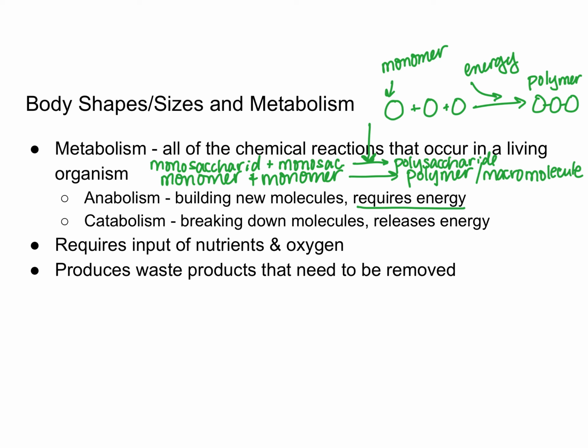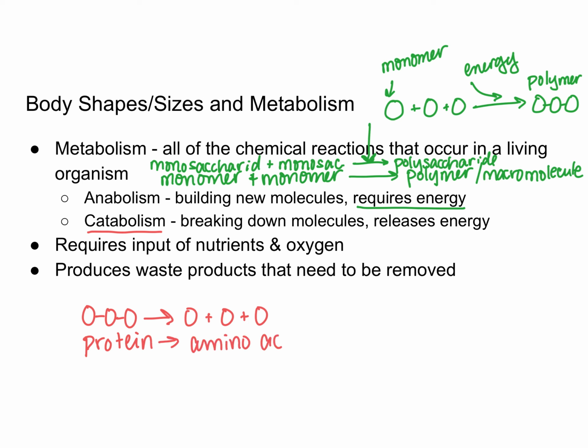Now, catabolism is the opposite of anabolism. It would be taking those polymers and breaking them down into their monomers. A specific example would be taking something like a protein and breaking it down into its amino acids.